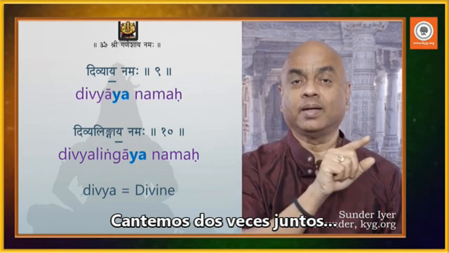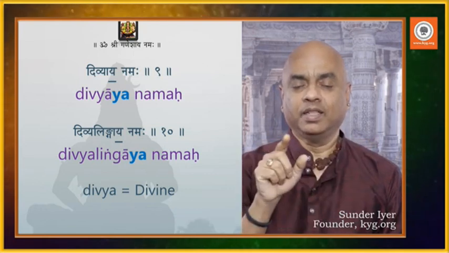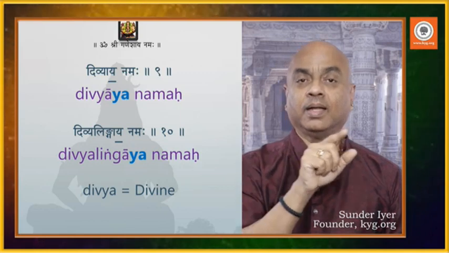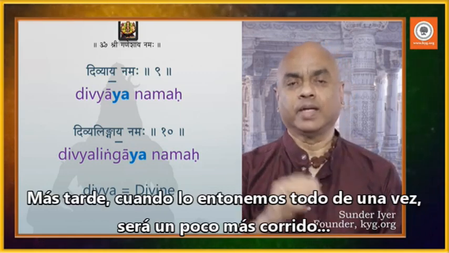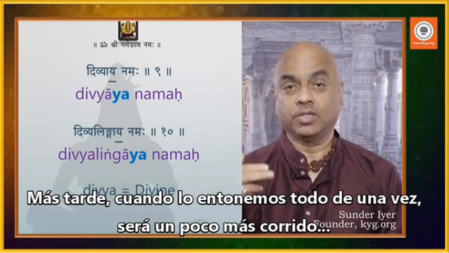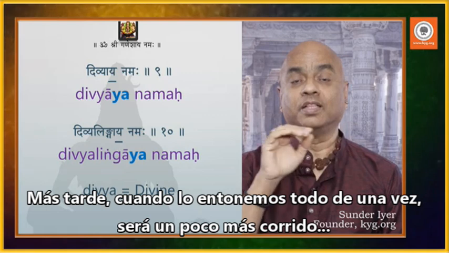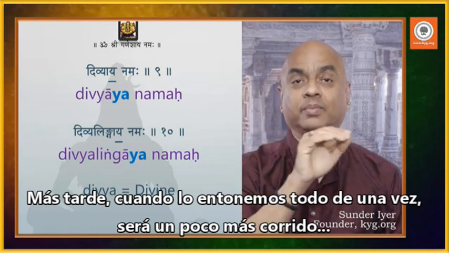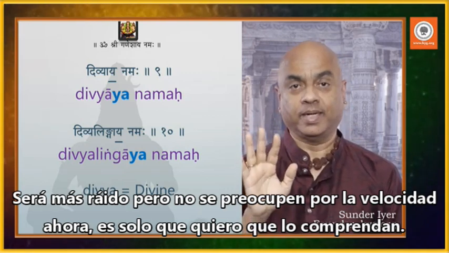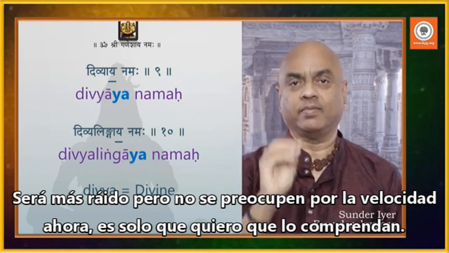Divyaya Namaha. Again. Divyaya Namaha. Later on, when we chant it all together, it might be a little faster, Divyaya Namaha, Divyalingaya Namaha. It will go like this, but don't worry about speed at this point. Just understand exactly where it goes down.